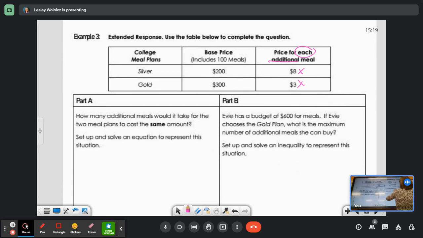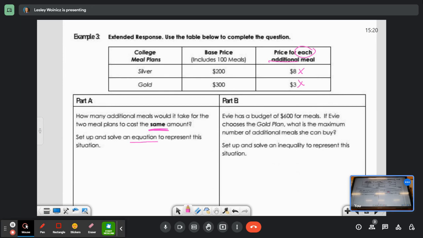It says, how many additional meals would it take for the 2 meal plans to cost the same amount? Does that sound like an inequality? No, good. Because now we're being asked to set up and solve an equation, which makes a lot more sense. Remember how I said we were going to do one like the quiz on today's notes?